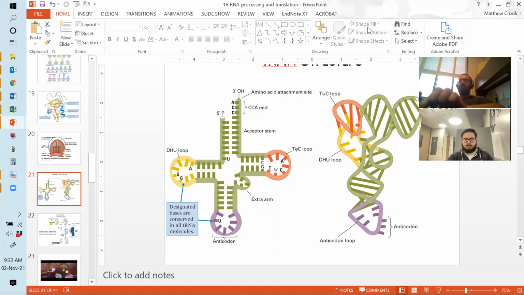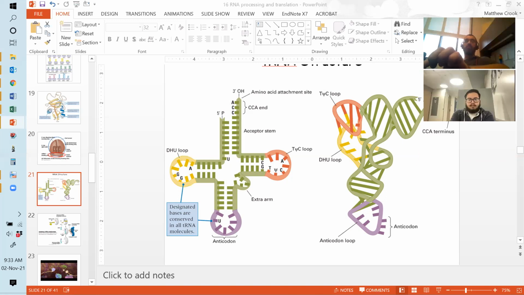And those recognize or base pair with the codon that tRNA matches to. Right, so we talked about how the tRNAs are the translator in translation. Well, this is how they do it, right?